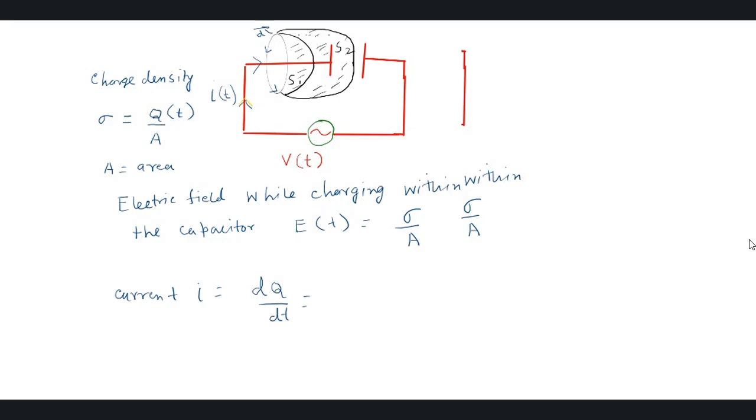So from here we can say how we can write q in terms of E and A.